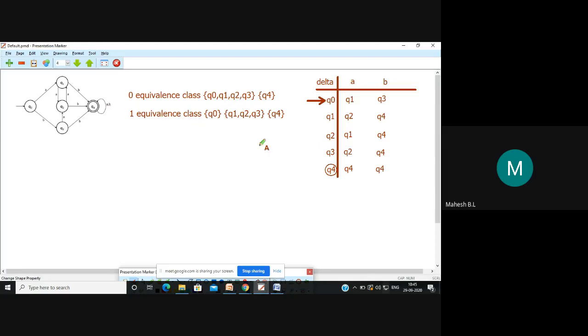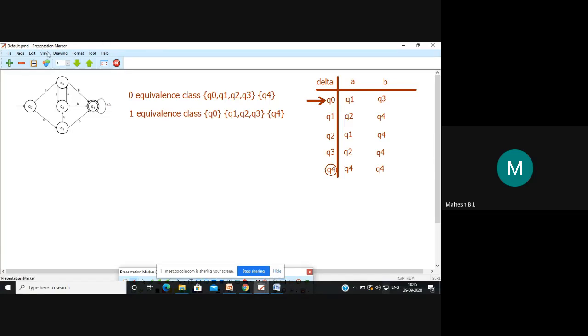That means this is the final equivalence class, so 5 states are reduced to 3.